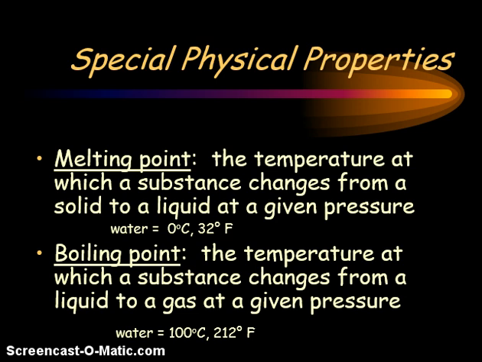Okay, so if you've got water in a pot, it's going to start changing from water to water vapor in the air at 212 degrees Fahrenheit. Okay, that's water's specific properties. Other substances are going to have different boiling points and melting points.